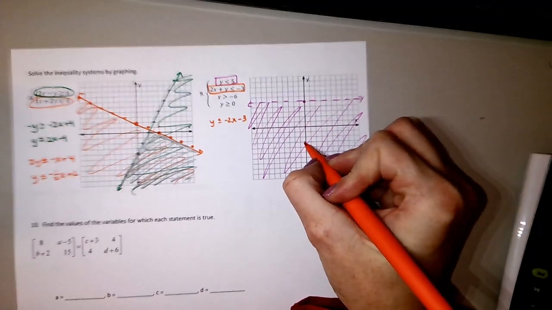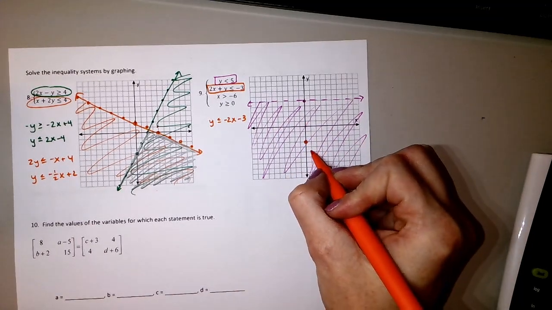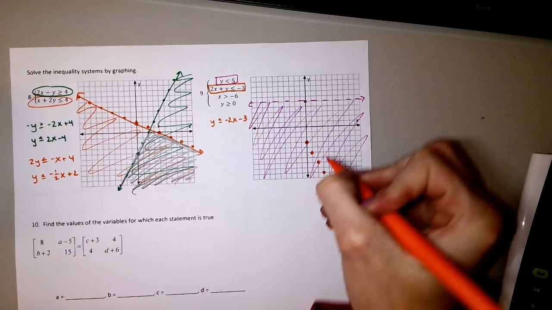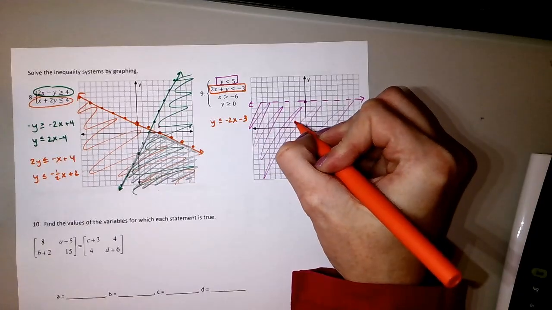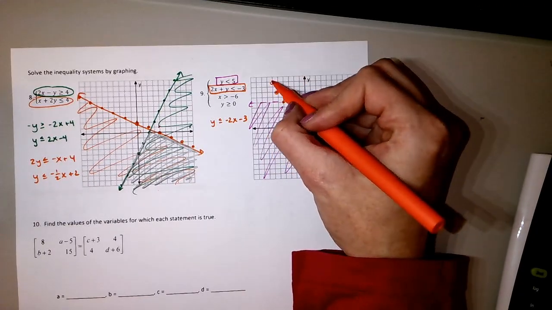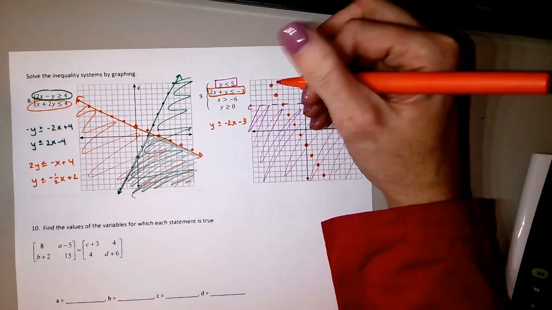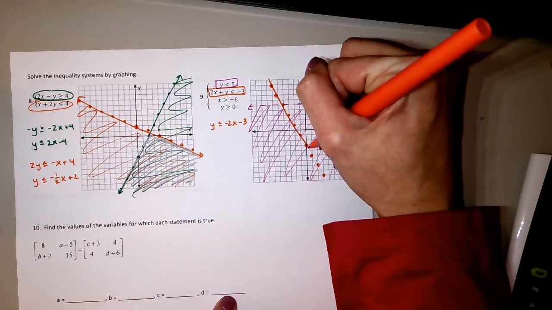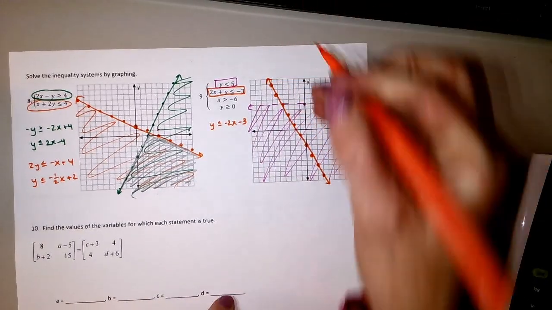I start at -3, and I go down 2 over 1, down 2 over 1, or up and to the left. It's solid because it has the equals to, and because it's less than, we're going to shade below.